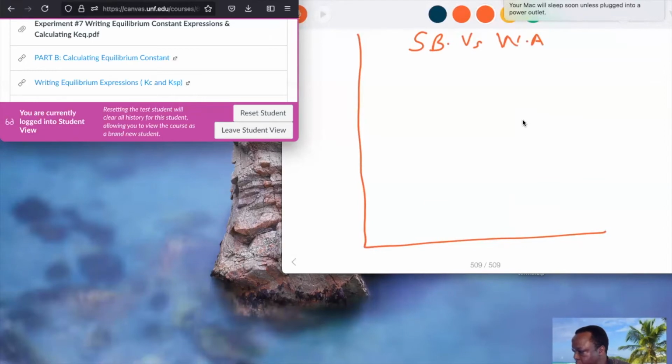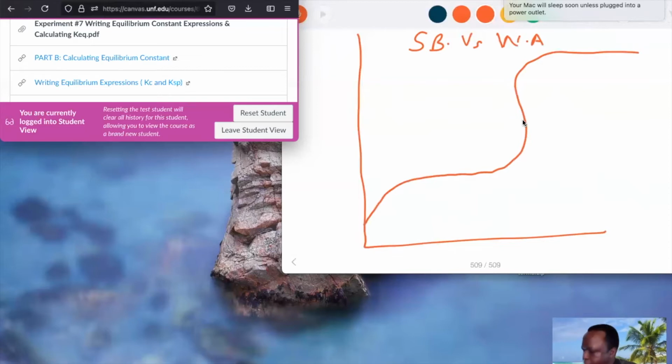the graph doesn't go the way you saw in the strong acid, strong base titration. It might go like that, and then it goes like that. Now, what I want to point out here, let's put pH here, and here is the volume in mL of titrant.